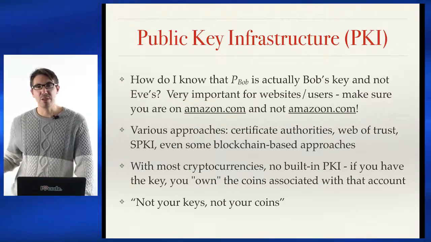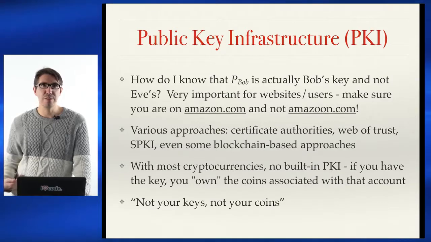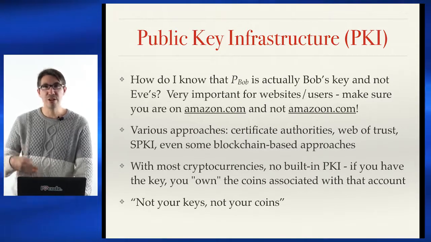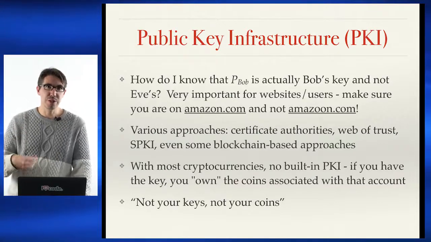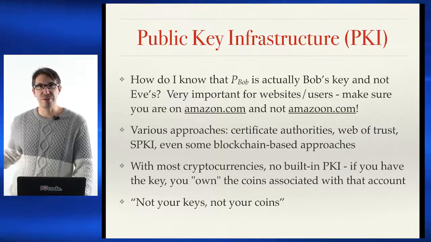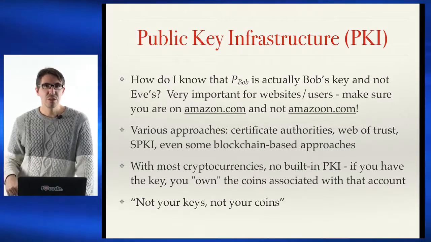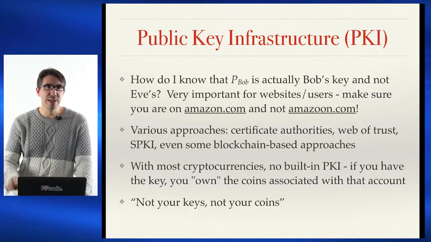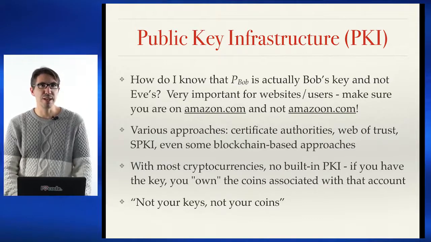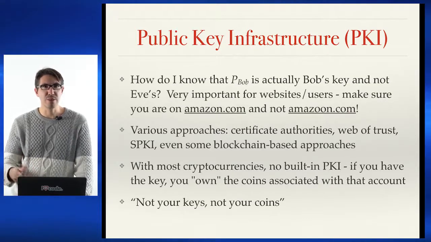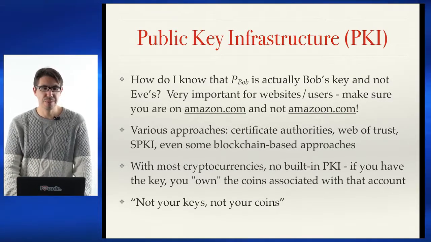And then Charlie comes along and he says, all right, Bill, who do you trust? And I say, well, I trust Alice and Bob. And Charlie says, well, I trust Bill, and Bill trusts Alice and Bob, thus I can trust Alice and Bob. So we can see how this would grow as we trust people. But we can also see how it would get unwieldy once we get past a few degrees of separation.